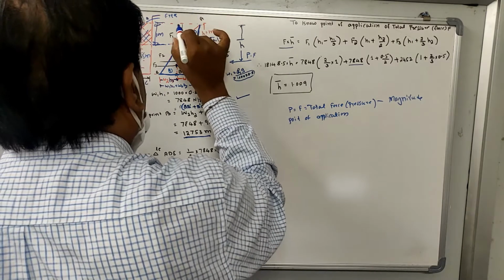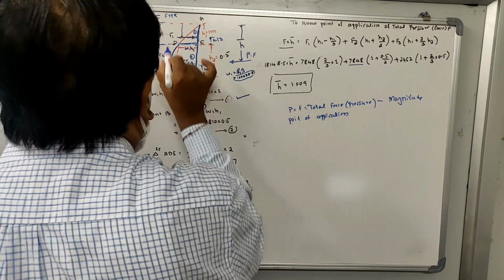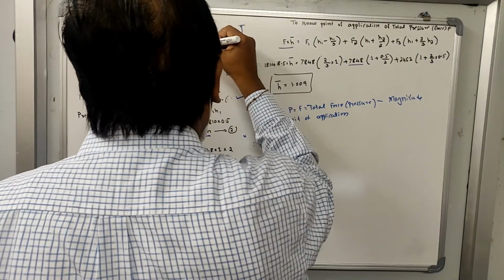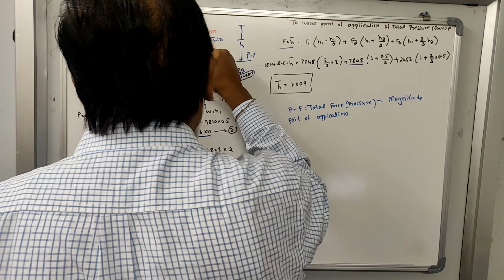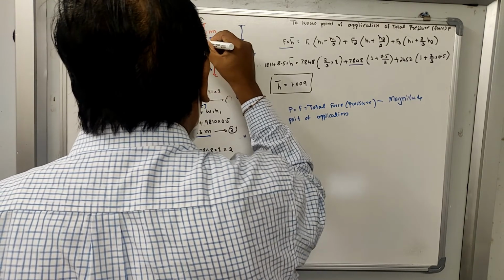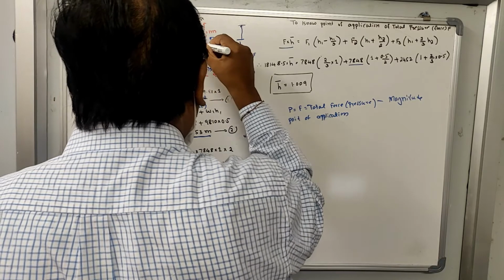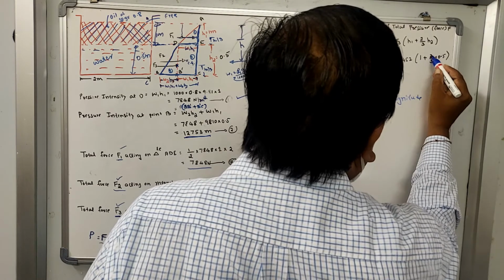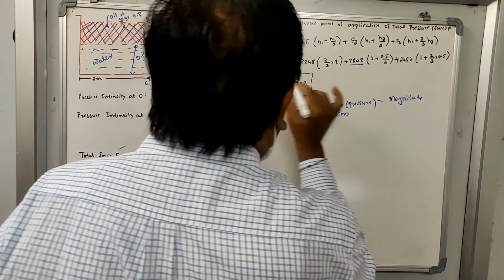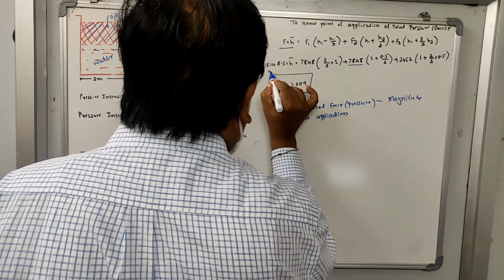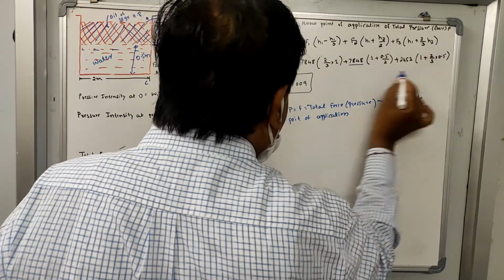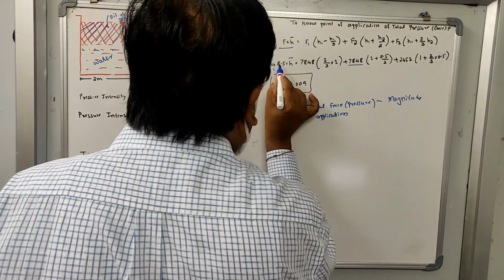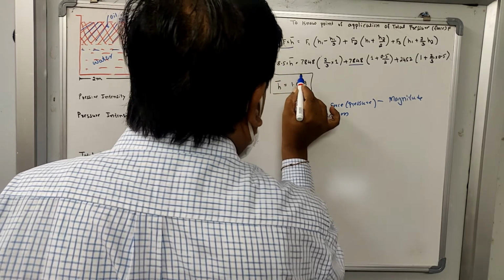Its perpendicular height is 1 plus 2/3 of h2, below the surface DE, so 1 plus 2/3 of 0.5. Therefore h bar is equal to this sum divided by 1814.8.